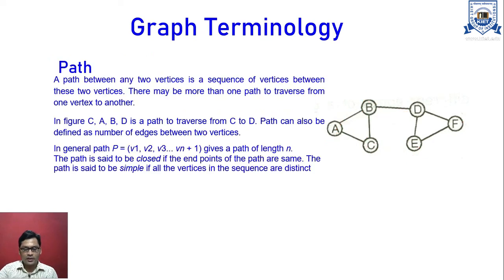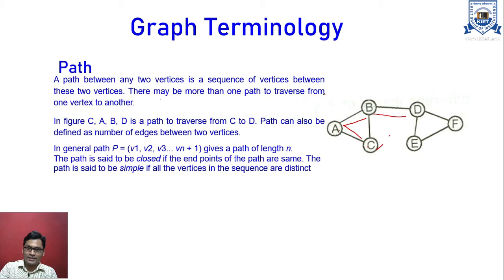Now, path. What is a path? A simple path is a sequence of vertices between two vertices. For example, suppose I am going from C to D. From C to D, what is the path? CABD is one path. Remember, there may be more than one path to traverse from one vertex to another vertex in a graph.